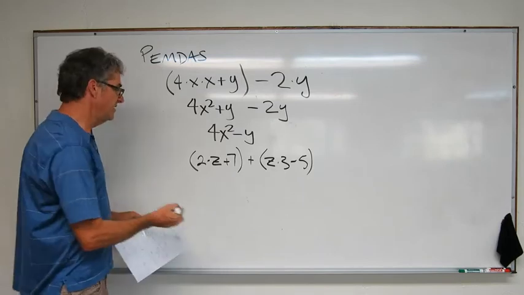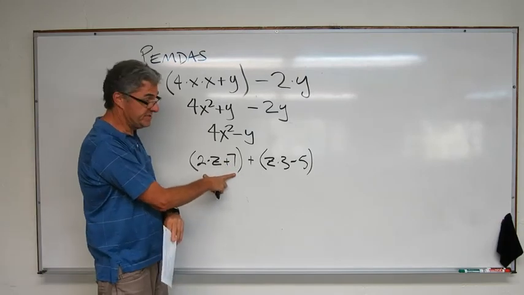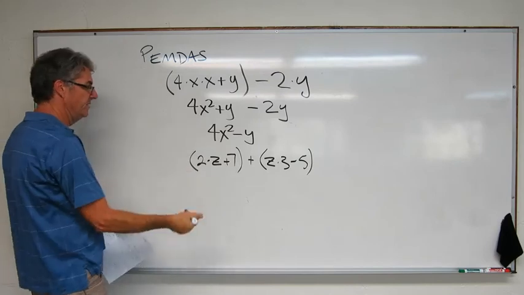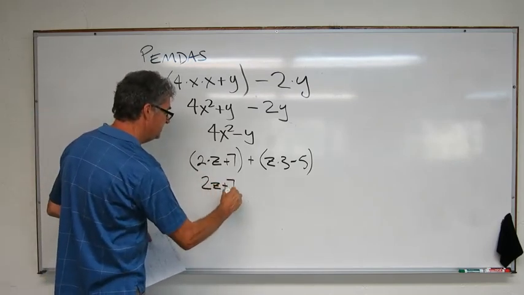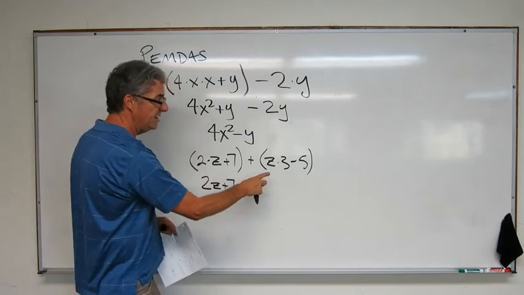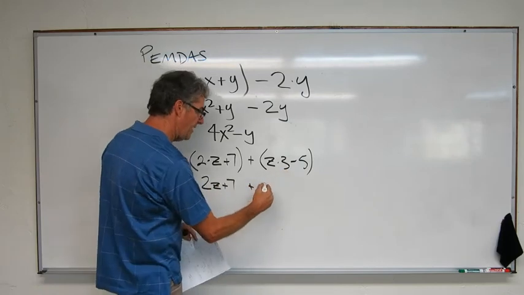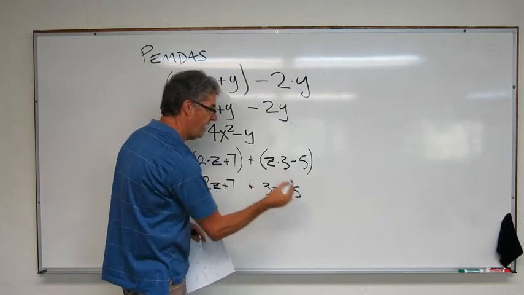Okay, let's see how you did. 2 times z plus 7. Looking at this one parenthesis, I can't bring anything over yet, I have to simplify this. So I've got 2z plus 7. Bring my plus down, now do this parenthesis, this is 3 times z, so now I have 3z minus 5.